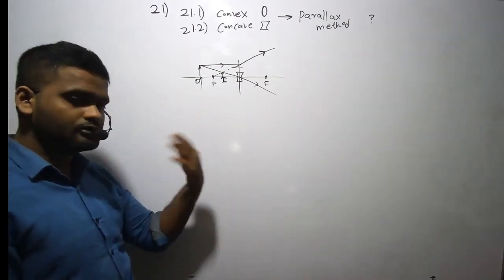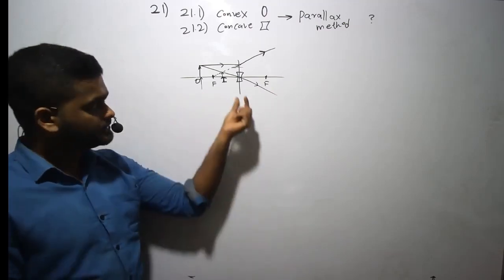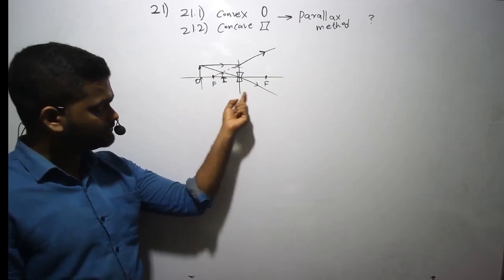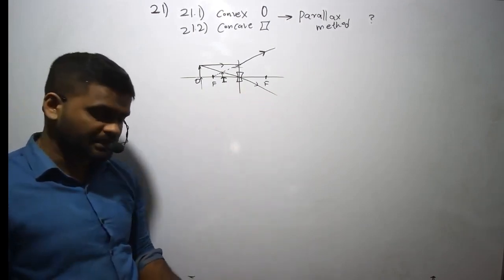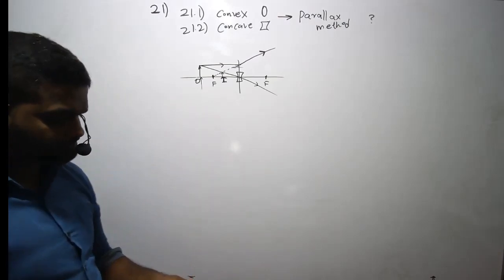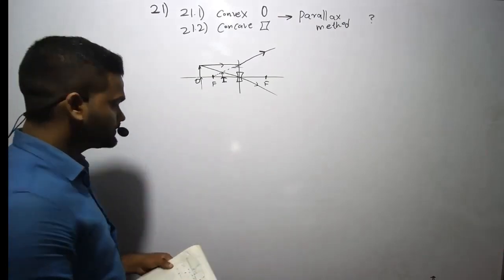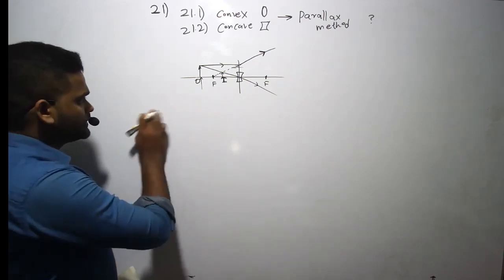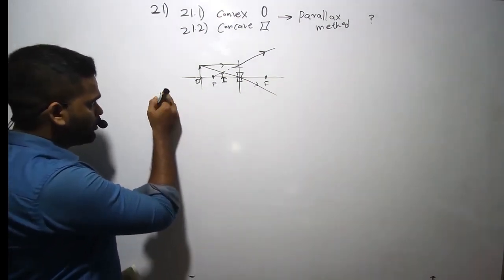So we are going to go for a new experimental setup, which is more convenient than the previous methods. For this, you are going to use the object pin.